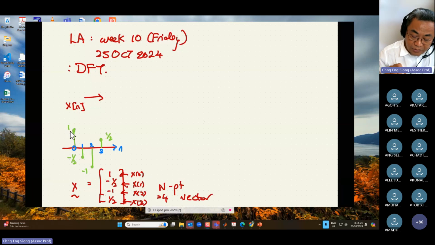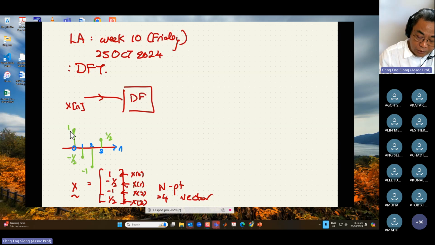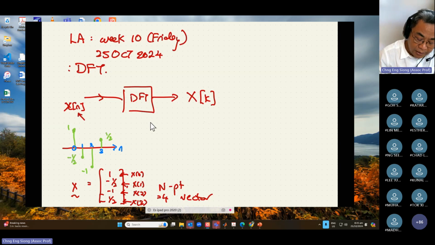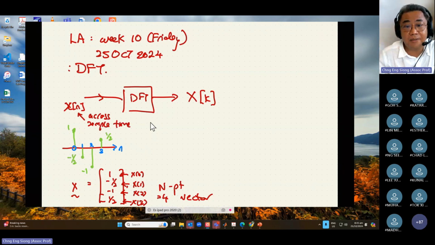Now we are going to send this vector into a machine called a DFT machine. And out comes, if this is a small x, the usual notation is a big X on the right-hand side. So we know that there is a relationship. Here, the little n is across sample time, so we call it time index. K is across frequency, later on you realize.